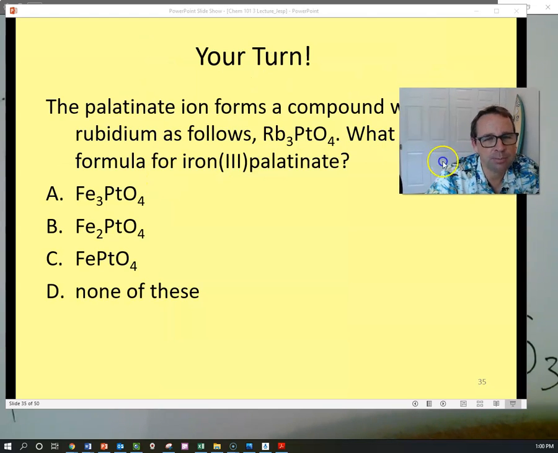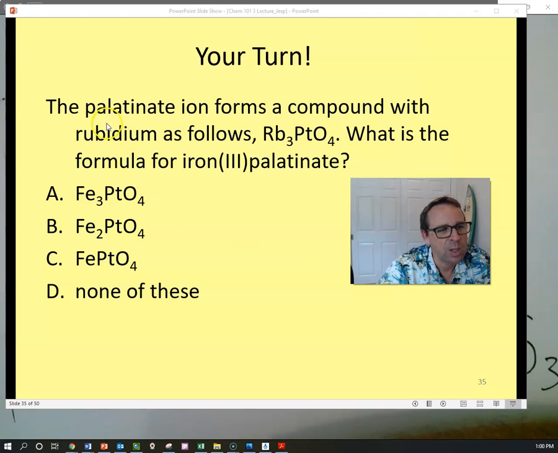So here's an example. The platinate ion forms a compound with rubidium as follows. Rubidium-3 platinate. What is the formula for iron 3 platinate?